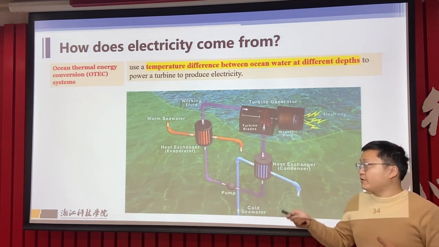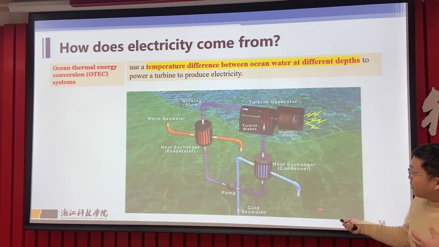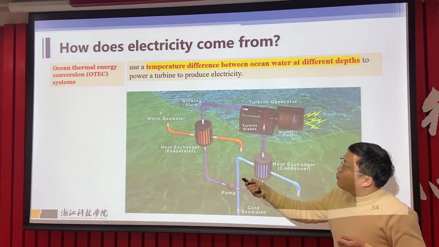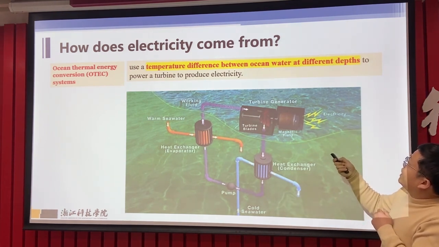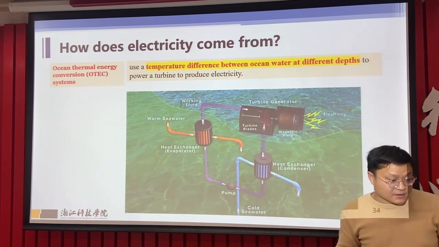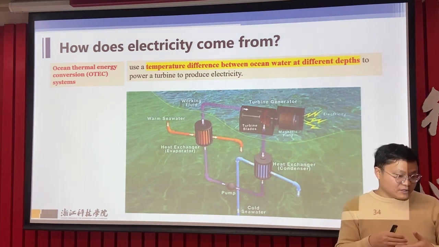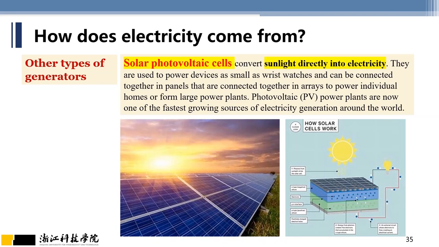We use the temperature difference between deep cold seawater and upper warm seawater to produce steam and then to drive the turbine.